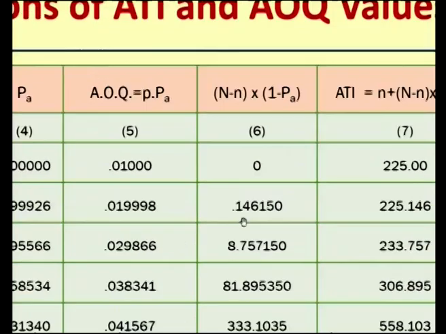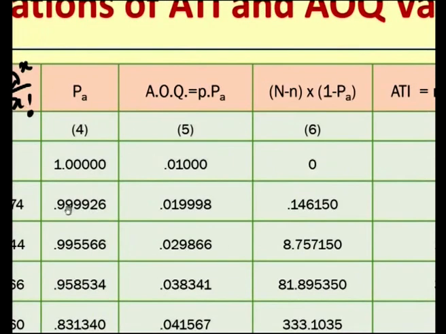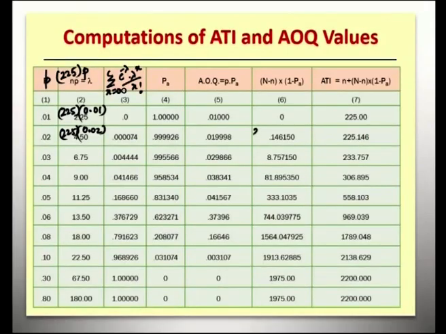Then capital N minus n into 1 minus PA: capital N is 2200, so this is 2200 minus 225 into 1 minus 0.999926, and this value comes to 0.146150.